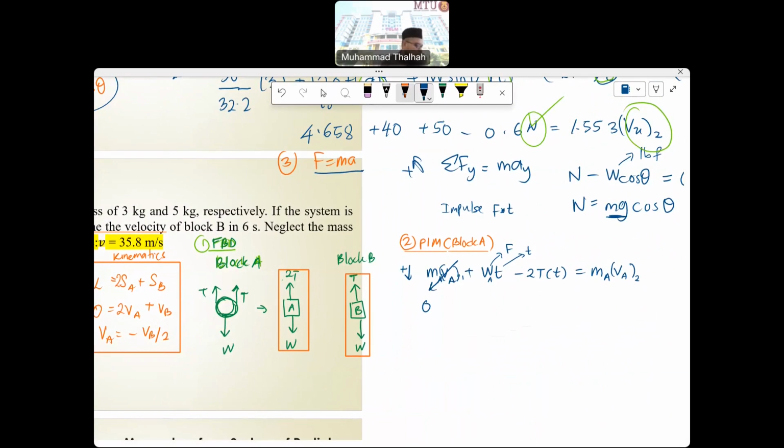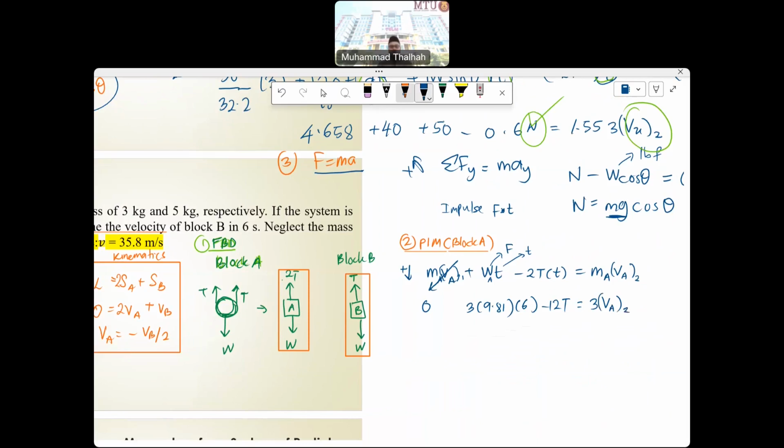Block A is 3 kilograms, so 3 times 9.81 times T, which is 6 seconds, minus 2T, 2 capital T, and then small t. So 2 times 6 is 12, minus 12t equals 3 times V sub A at time 2.